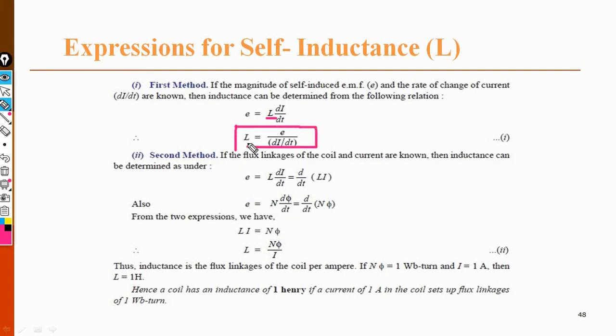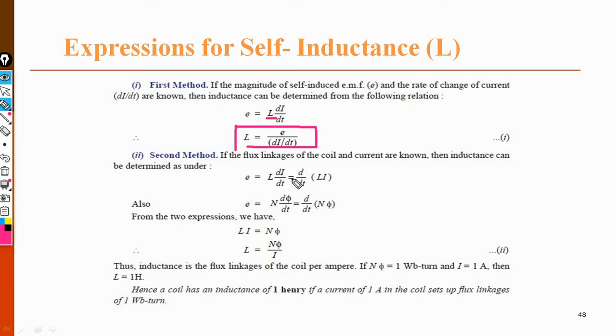Then the second method. The second method is defined as: the flux linkage of the coil and current are known. That means the flux linkage of the coil is very important and the current is also known. Then we have to calculate inductance using the second method.